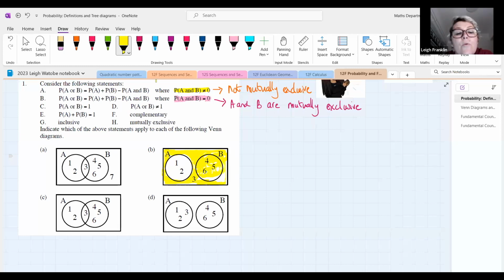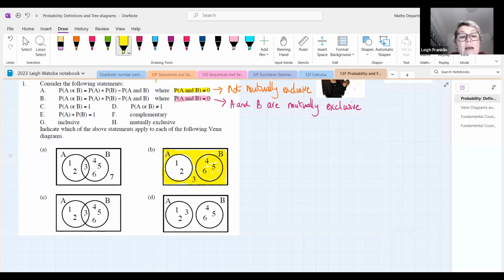Okay. Whatever isn't A is everything outside of A. All right. But the 3 is not inside B. So we can't say that B is the complement of A. Okay, because we've got that 3 sitting on the outside.